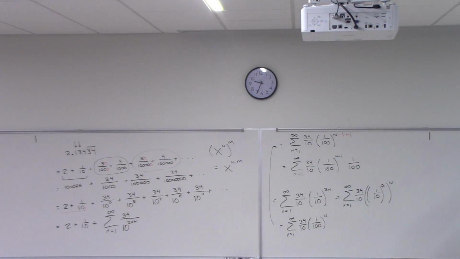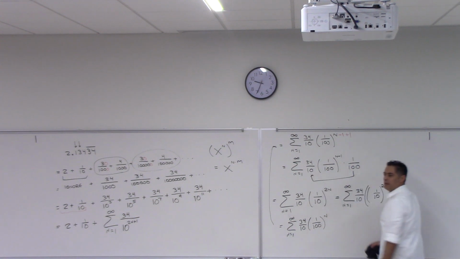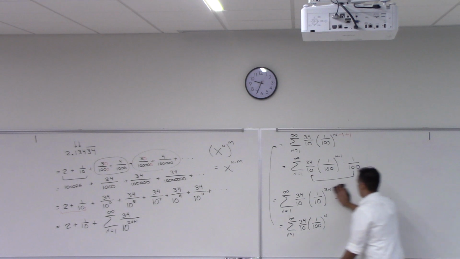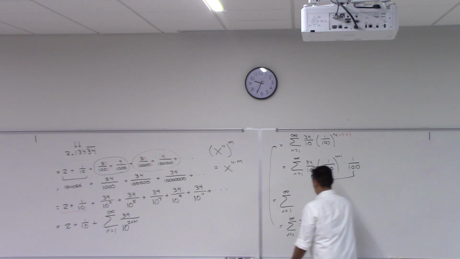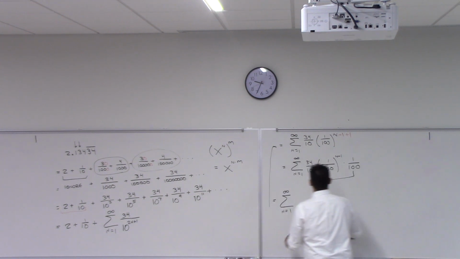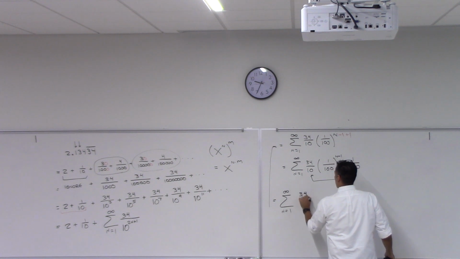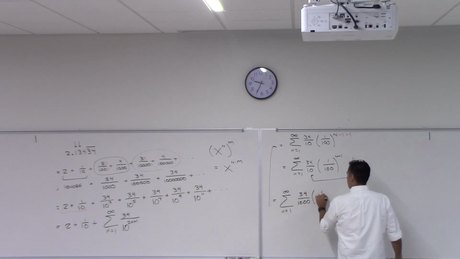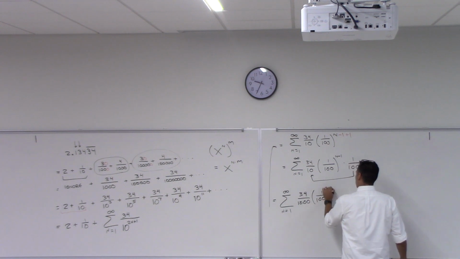I'm almost there. Put those two together, and that's going to be your A, isn't it? And we will be there. So we are at 34 over 1,000, and then times 1 over 100 to the n minus 1.